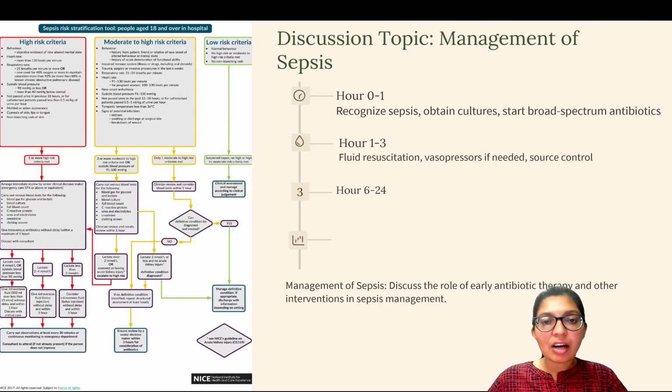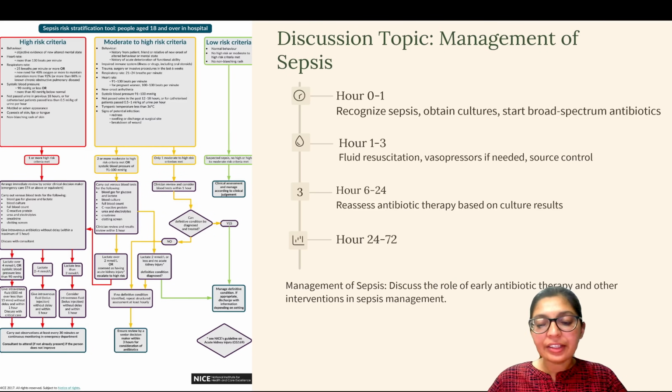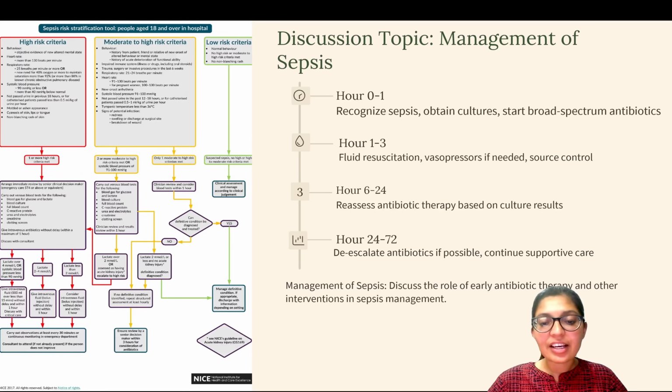After 6 hours to 24 hours, reassess antibiotic therapy based on culture results. And after 24 to 72 hours, de-escalate antibiotics if possible and continue supportive care. So management of sepsis is as early as possible to prevent complications.